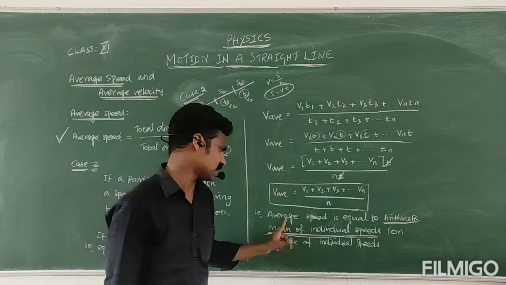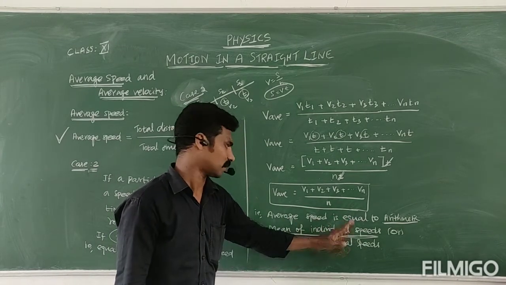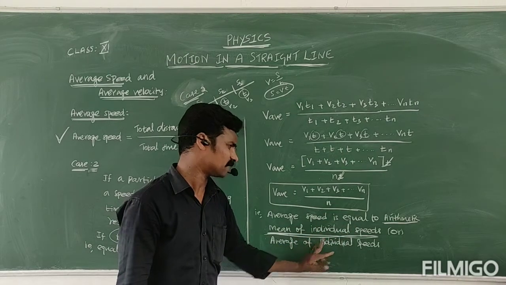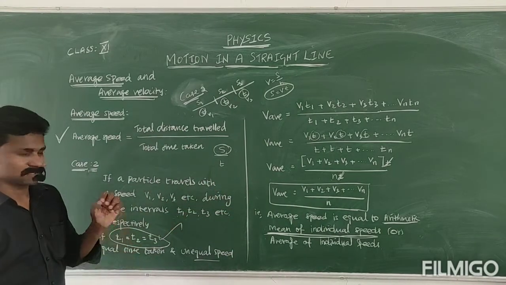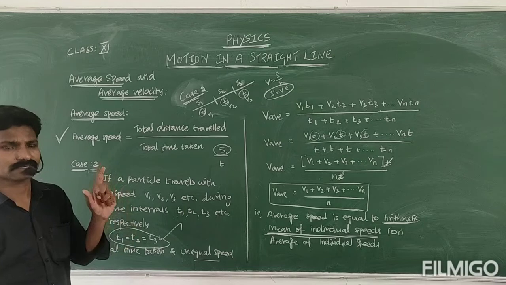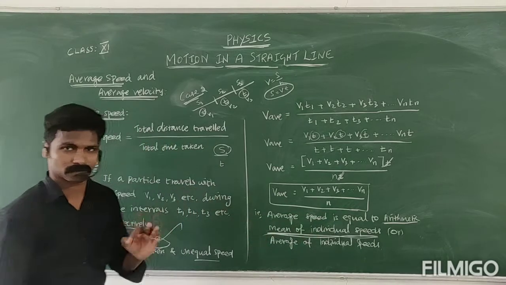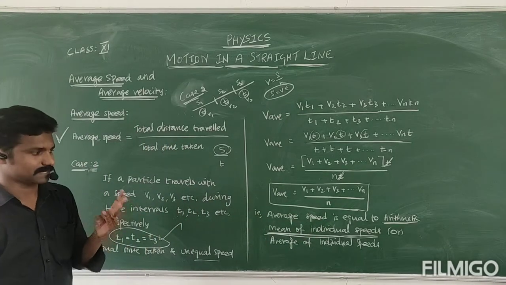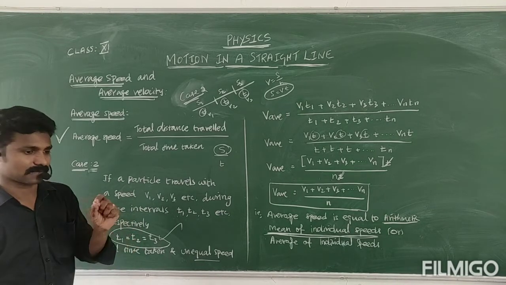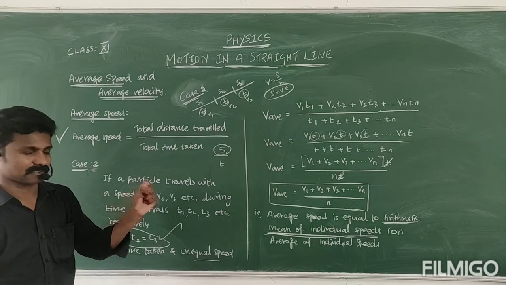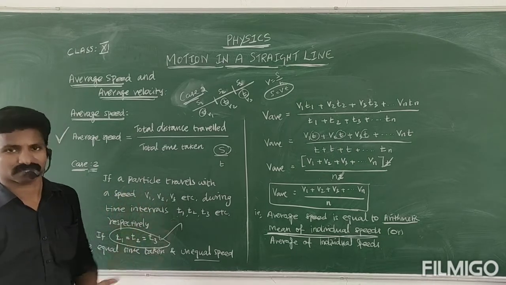One more thing: average speed is equal to the arithmetic mean of individual speeds, or otherwise, the average of the individual speeds, normally just called average. So simply, case 1 is the harmonic mean method and case 2 is the arithmetic mean method. Sometimes a derivation asks specifically: derive average speed by the arithmetic mean method, or derive average speed by the harmonic mean method.